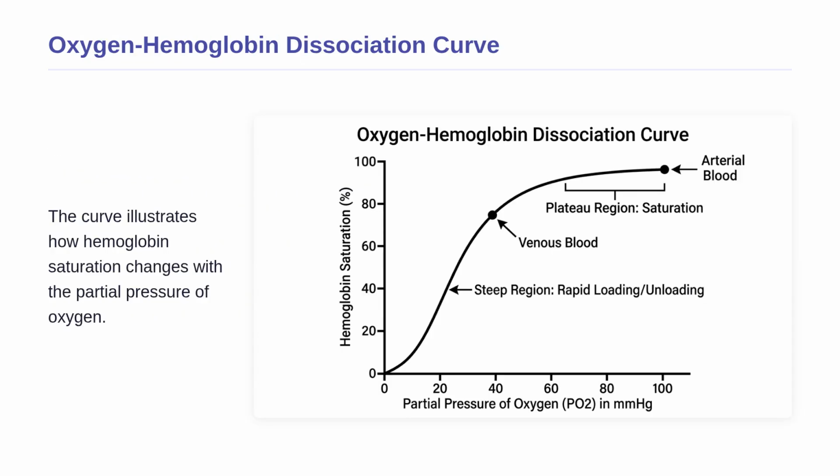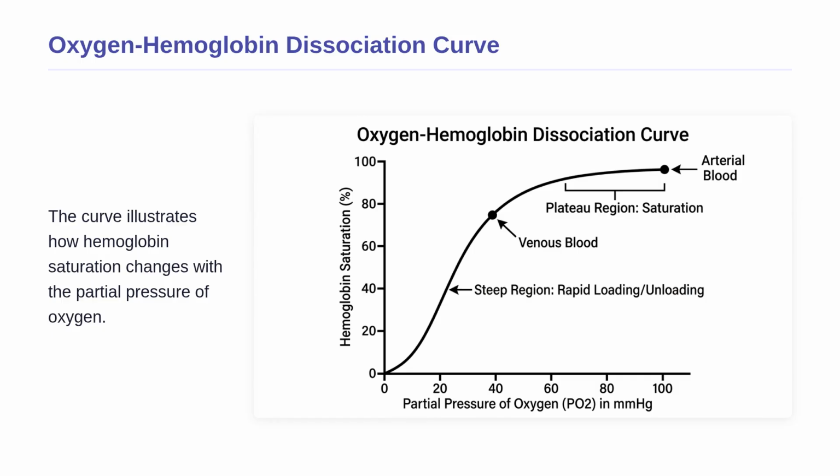Now that we have calculated oxygen content, let us visualize how hemoglobin behaves using the oxygen-hemoglobin dissociation curve. Looking at this graph, the horizontal axis represents the partial pressure of oxygen in millimeters of mercury, while the vertical axis shows the percentage of hemoglobin saturation. Notice the distinct S shape of the curve.